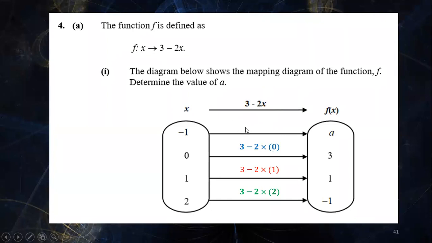So in the last one, the x will be replaced by -1. And when we put this into the calculator, we work this out: 3 minus 2 multiplied by -1 will give me +5. Okay, -2 by -1 will give me +2, and +2 plus 3 will give me 5. So A is equal to 5. Pretty much straightforward. Any questions there?